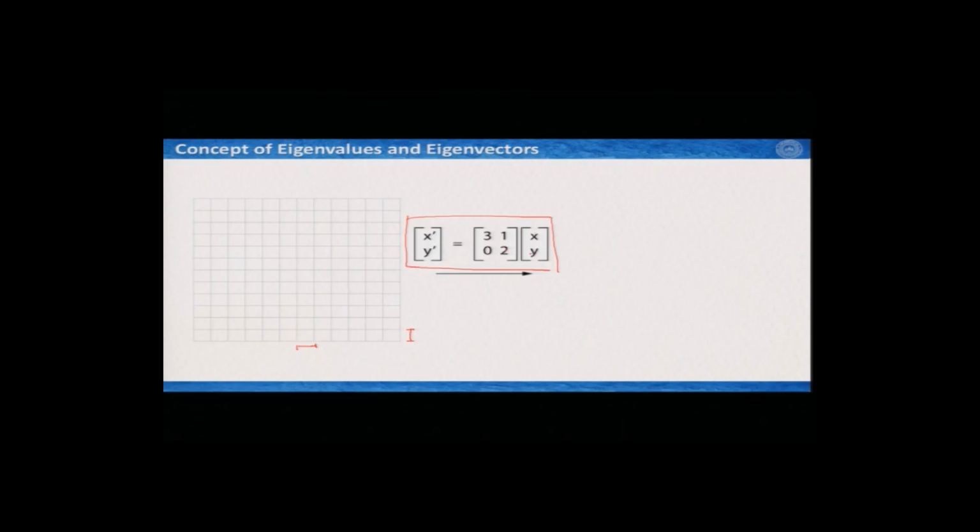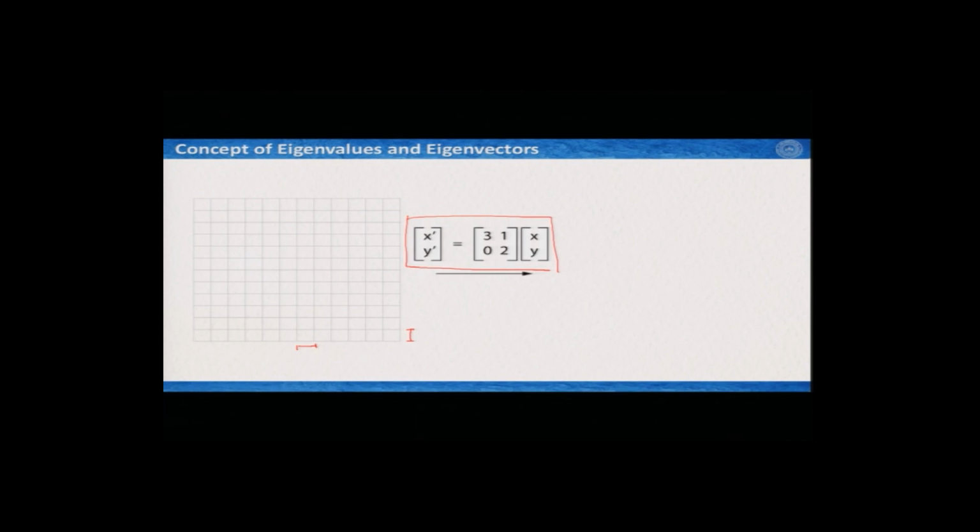So, this x y is the original coordinate, and x prime y prime is the transformed, deformed coordinate, and this 2 by 2 matrix characterizes and quantifies the transformation from x y to x prime y prime.